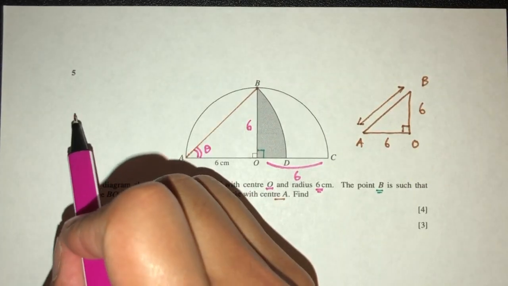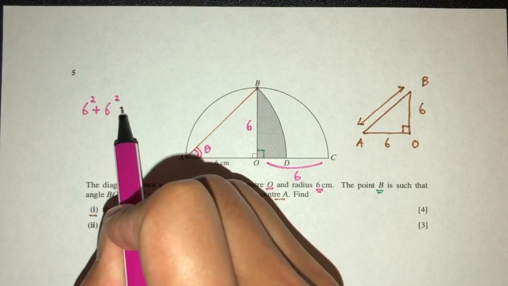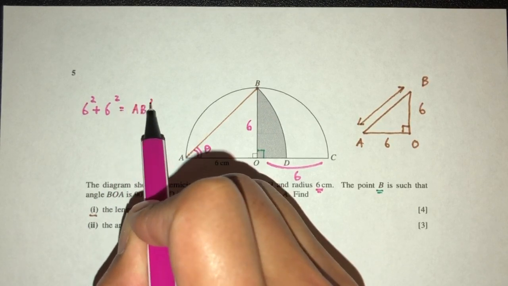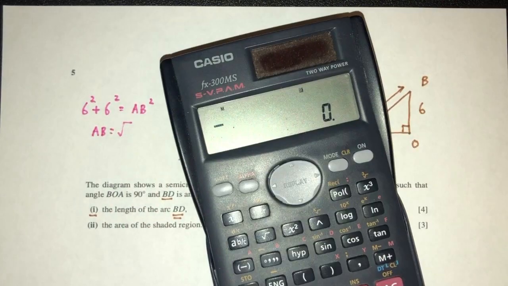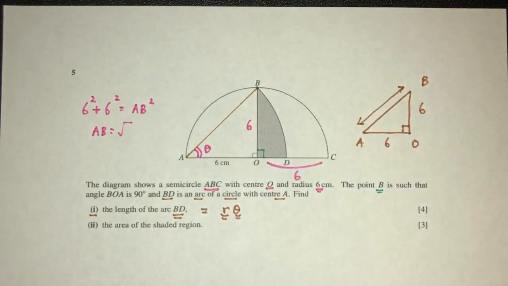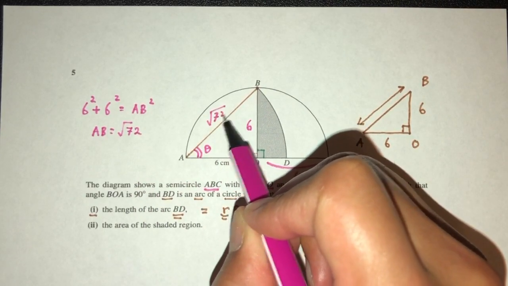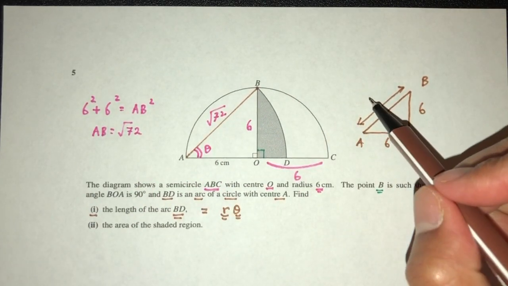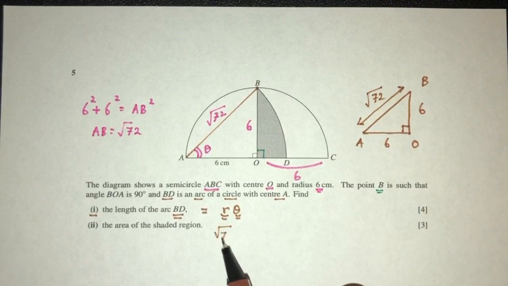That should be 6 squared plus 6 squared equals AB squared. So AB is root of 36 plus 36, that will be root 72. Okay, so now we have this length. Root 72 is the value of r.